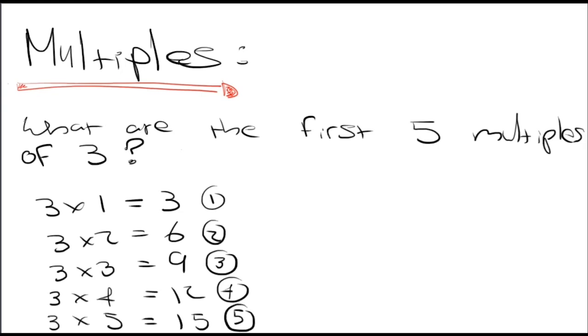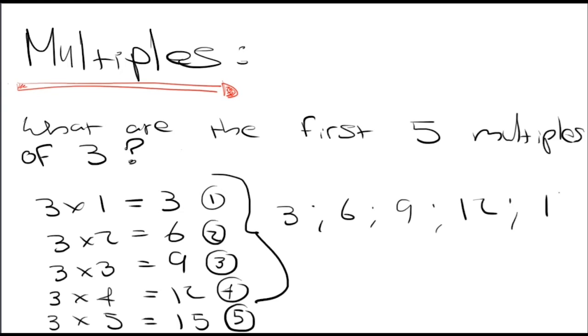Those are the first 5 multiples of 3: 3, 6, 9, 12, and 15. That would be your answer, the first 5 multiples of the number 3.